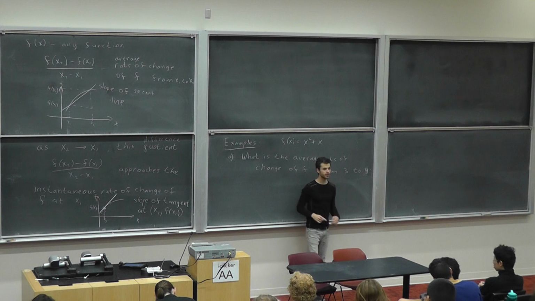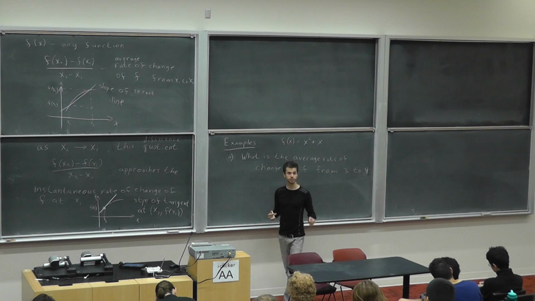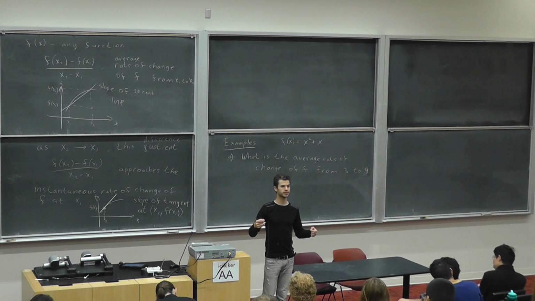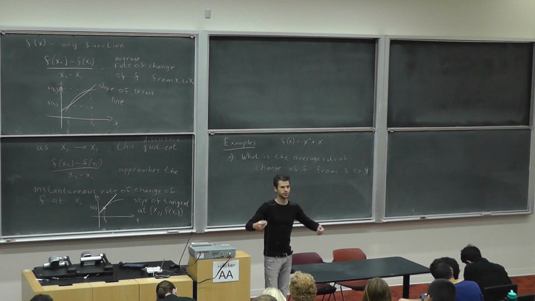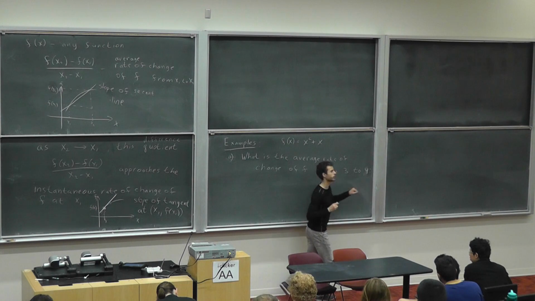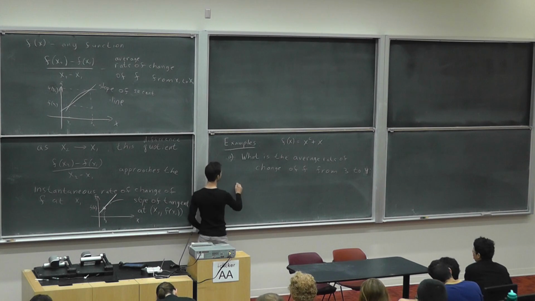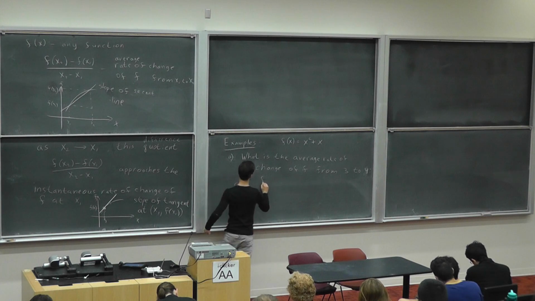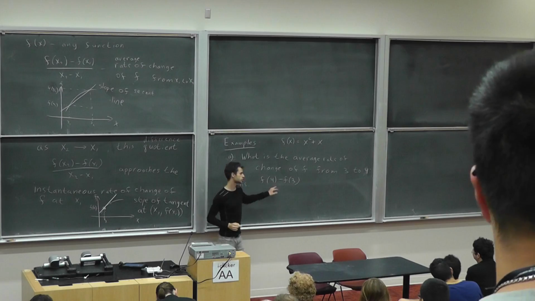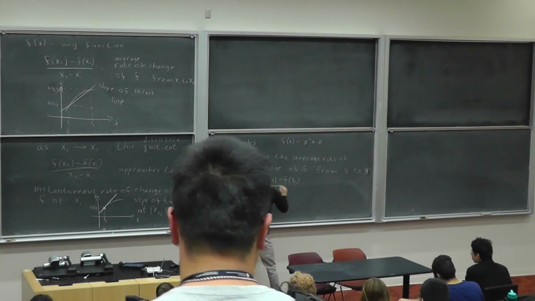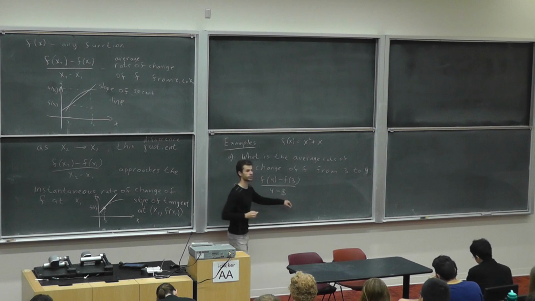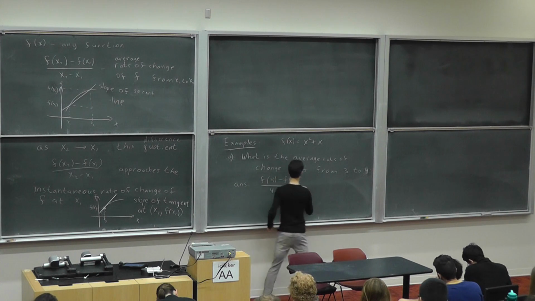Well, what does it mean? It means as x goes from 3 to 4, how much the function changes. We'll measure this quantity and then divide by the change in the argument, which is, well, the argument changed by just 1. So the answer would be how much the function has changed as x went from 3 to 4 divided by how much x itself has changed, which is 4 minus 3.